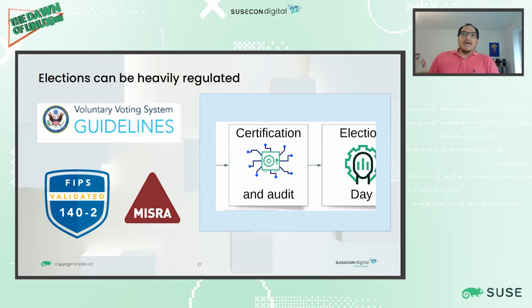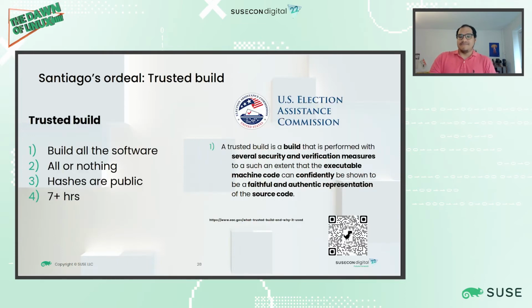There are multiple levels, so there is federal, there is state level, there is district level. But then on top of that, we had to fulfill some requirements about MISRA. So if you work with C++, you kind of know what this is about. And then on top of that, we had to go with security certifications, so FIPS 142. So there is a lot that needs to happen.